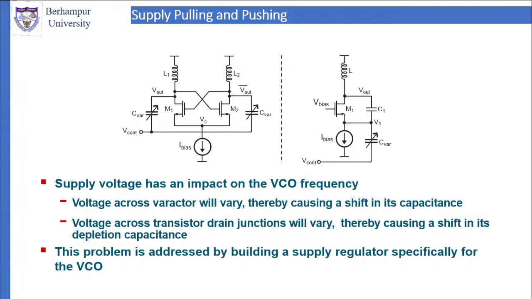Voltage across the transistor drain junction will vary, thereby causing a shift in its depletion capacitance. So a supply voltage is controlling the capacitance. Since it is controlling the capacitance, the frequency is tuned. This problem is addressed by building a supply regulator specifically for the voltage controlled oscillator.